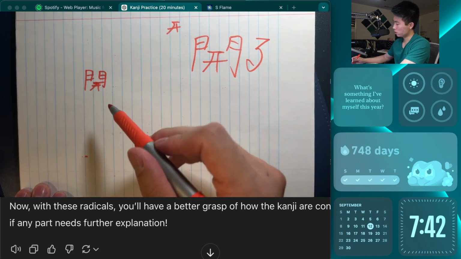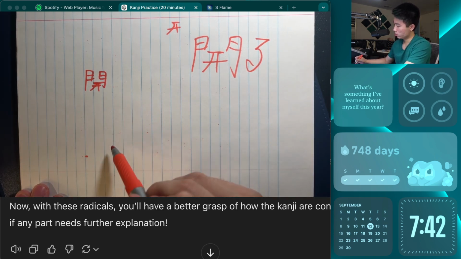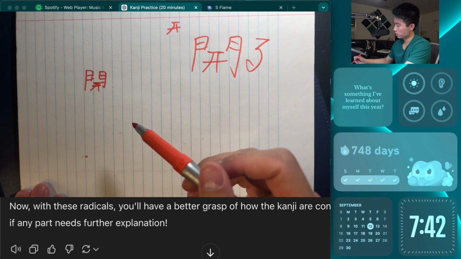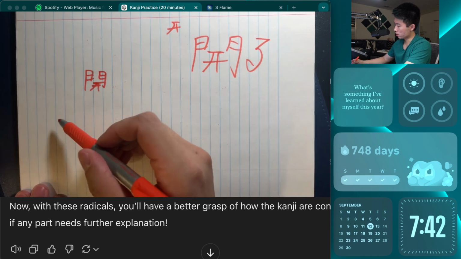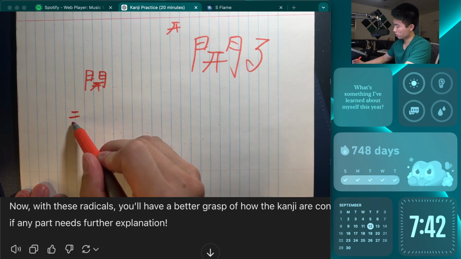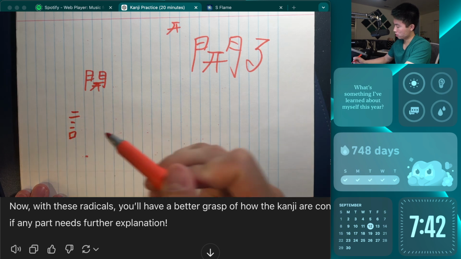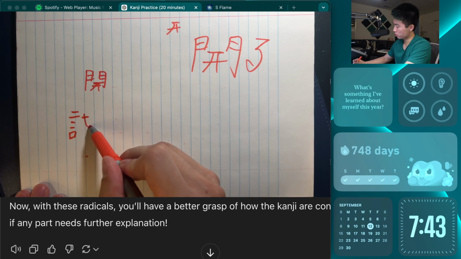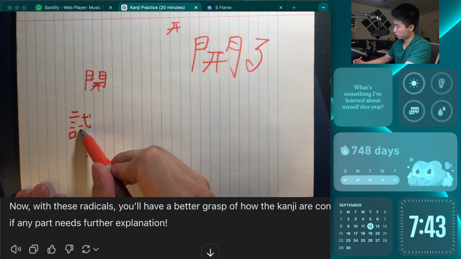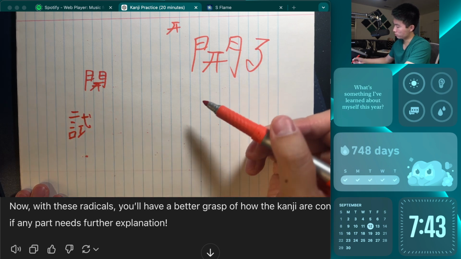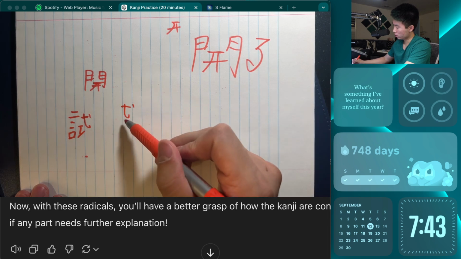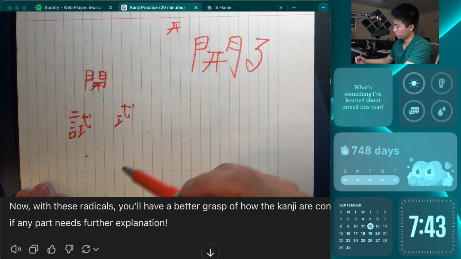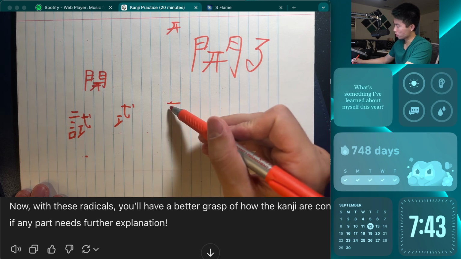And then, I'm having trouble remembering. Shiai, let's do shiai. And then the middle part is strange. Something like that. I'm not fully sure, but we'll try again if we get it wrong.